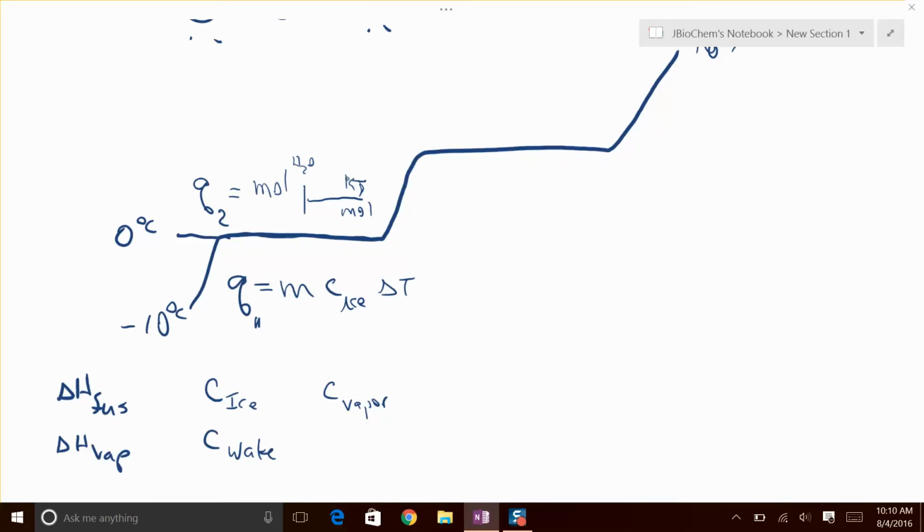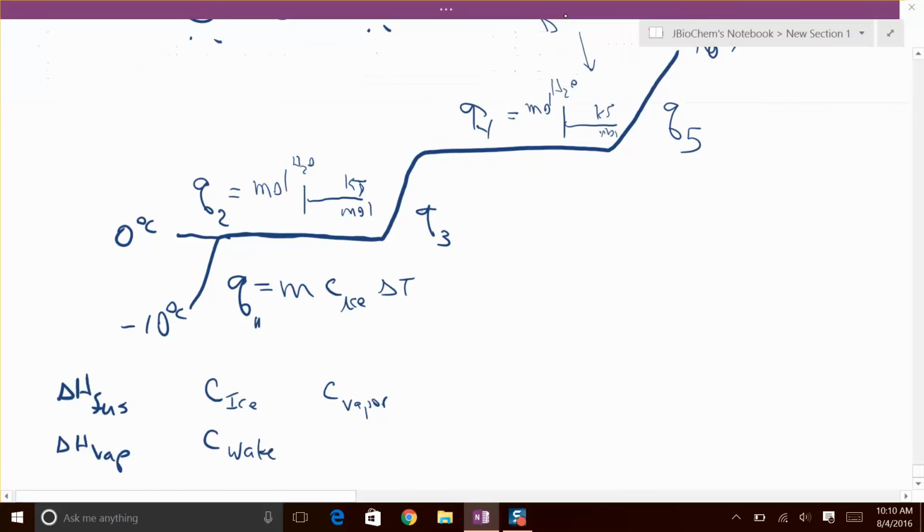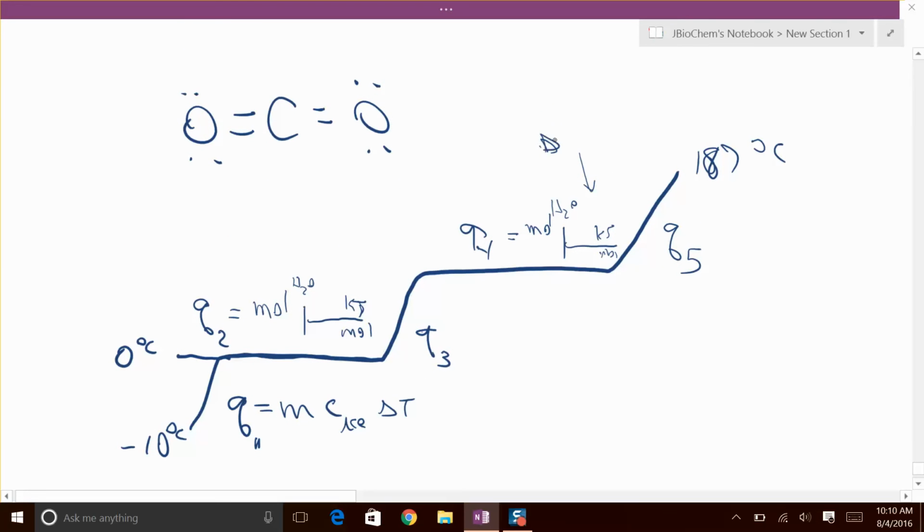And then I get Q3, Q4, and Q5. Here, the Q is going to equal the moles of H2O times the kilojoules per mole again. And that's going to be the delta H of vaporization. This will be the delta H of fusion.